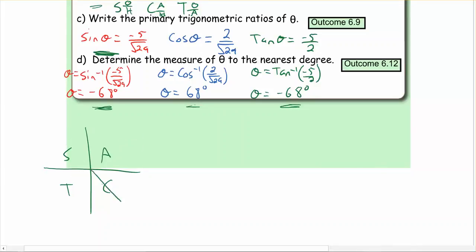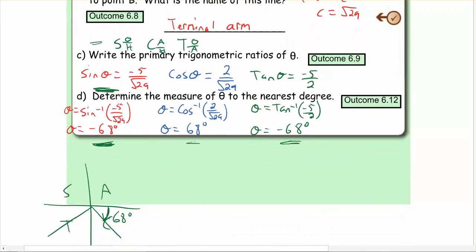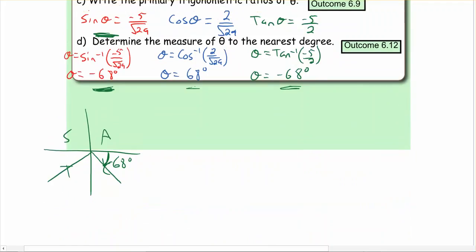Sine was negative in this one and this one, right? It was positive in the tops. So when it says -68, the negative just means you're going clockwise instead of counterclockwise like you normally do. The negative just means you rotate the opposite way. So this is 68 degrees, which is the angle that we want. That is our reference angle. The negative there just tells us what direction it was rotating.